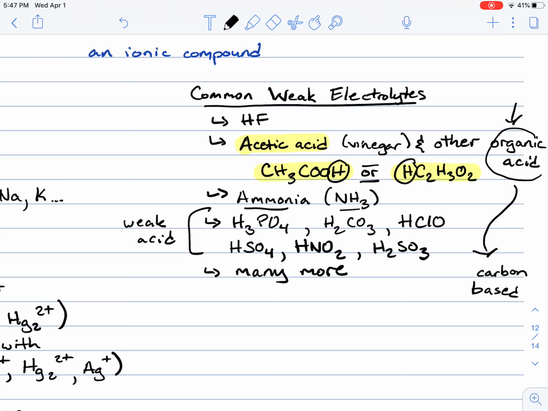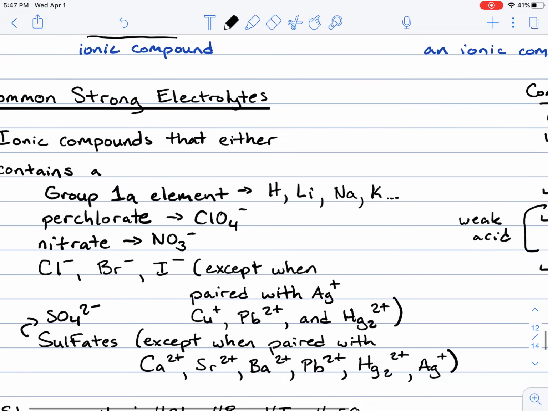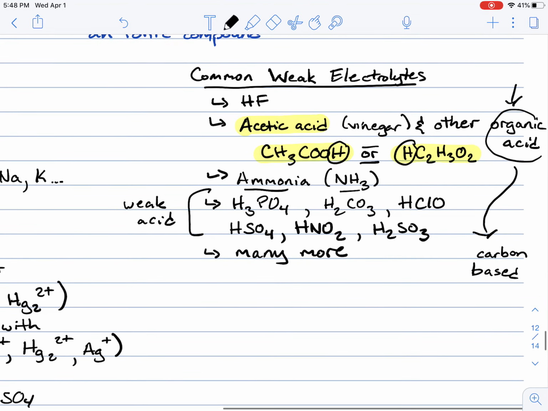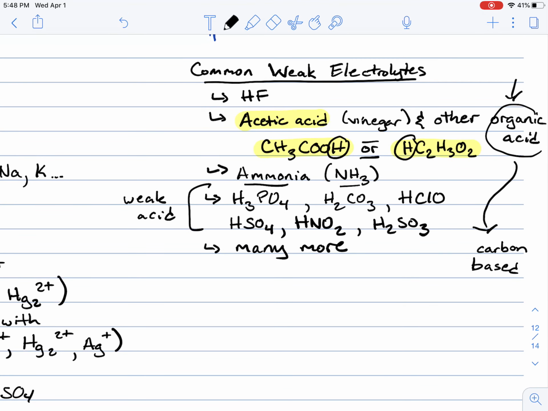Okay, so once again, go ahead and pause this video, write this information down, or take a snapshot of this if you have that ability on your computer. And then we're going to go through some examples, and we're going to use this list to predict whether or not a compound is going to be a strong electrolyte, weak electrolyte, or a non-electrolyte.